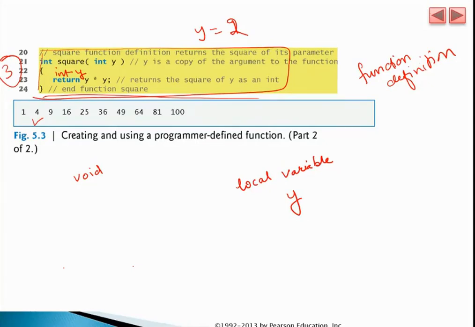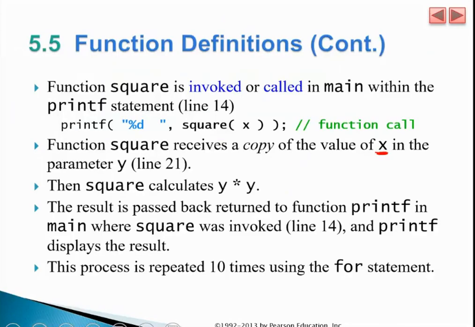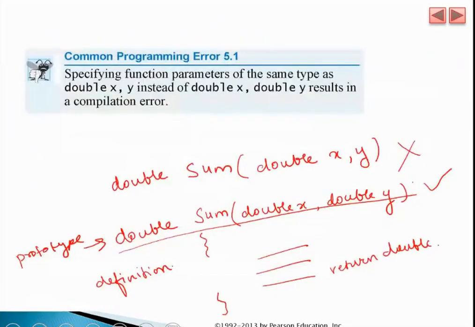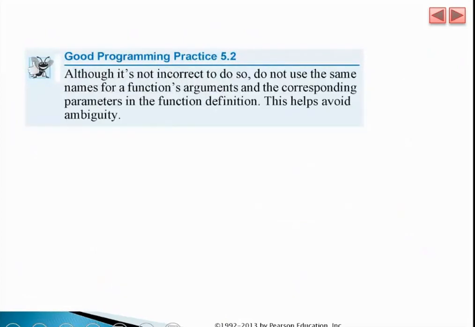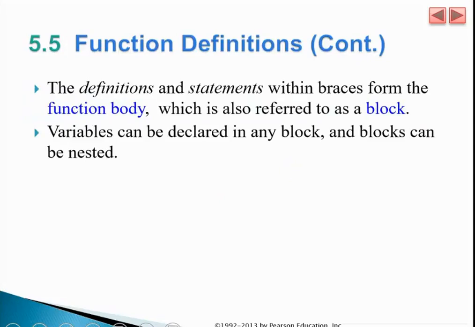Whatever is written in the function definition is also a local variable for that function, right? Although it is not an error, do not use the same name for a function argument and the corresponding parameter. It will not give you an error, but don't use that. For example, if the function name is sum and the parameter is also double sum, don't do this. It will create unnecessary confusion.